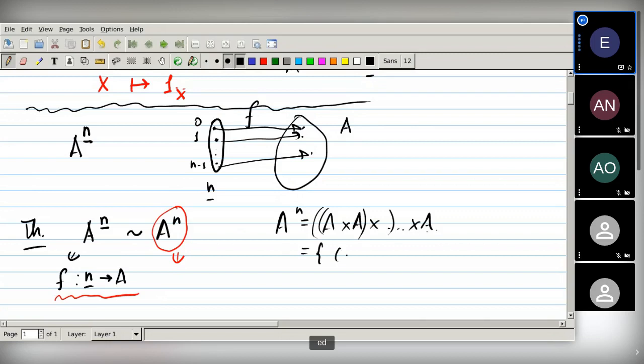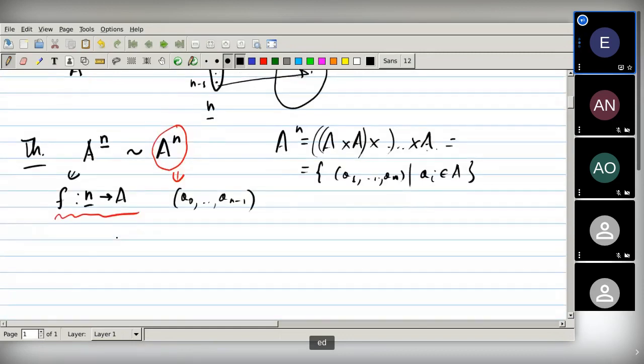It is a set of all tuples. It is a set of all tuples of length n, where every coordinate of such a tuple belongs to A. Do you remember that? Yes. So that means that there is a one-to-one correspondence, a bijection, between finite domain functions and tuples.